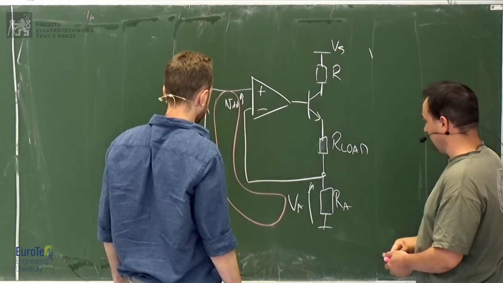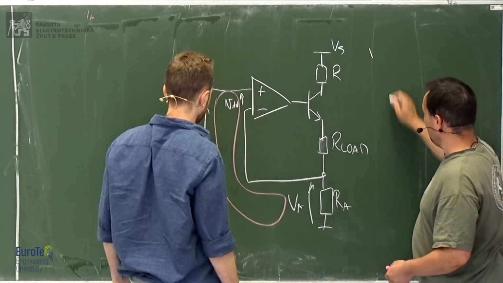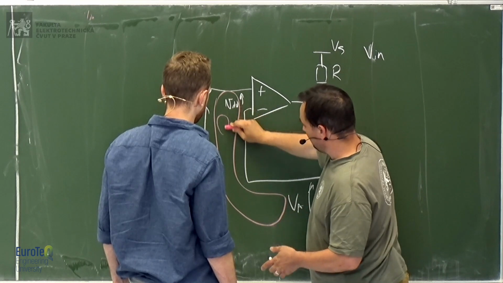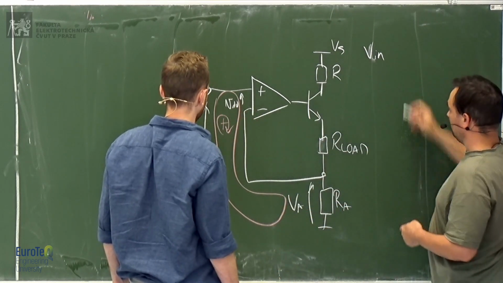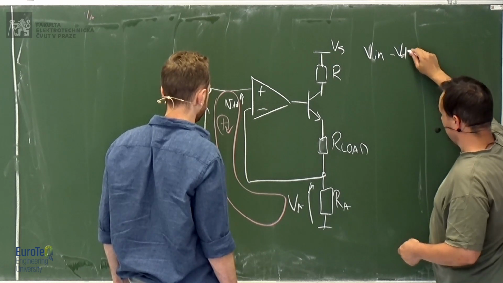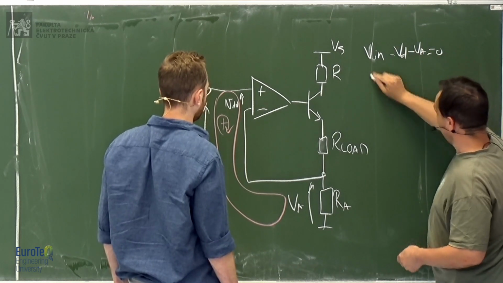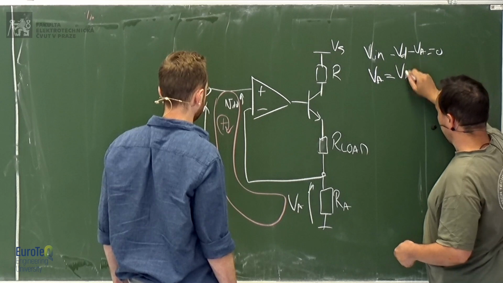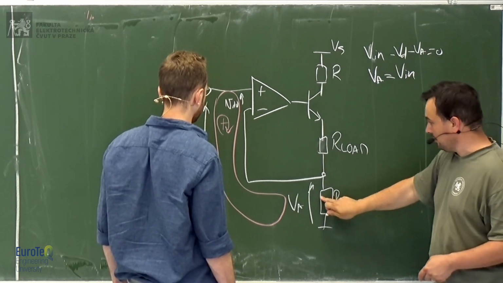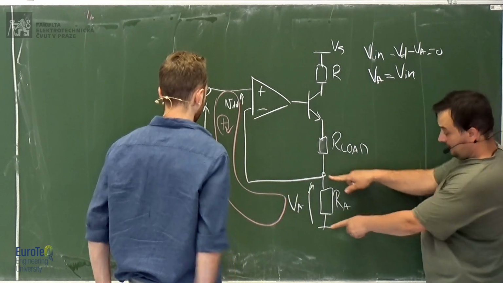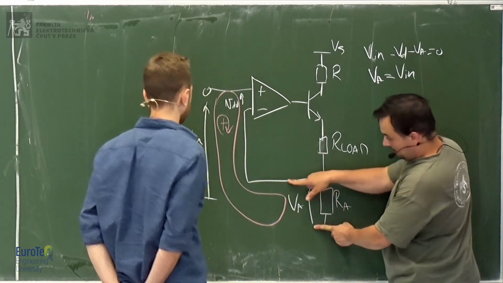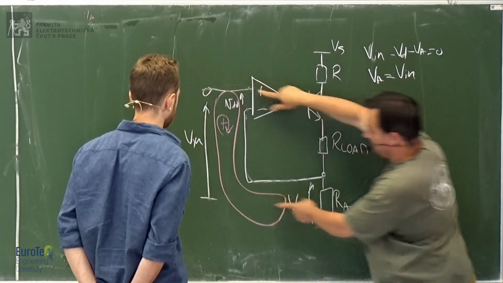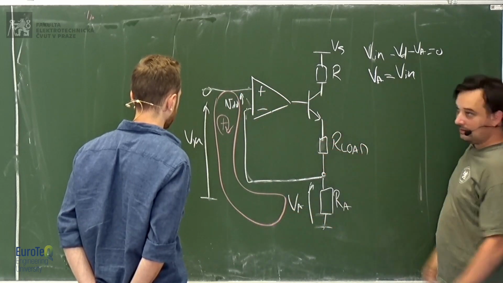It's going to be V in minus VD minus VA equals 0. So VA is equal to V in. So the voltage here is equal to the voltage here. But look at that, this finger goes here. It's the same voltage.